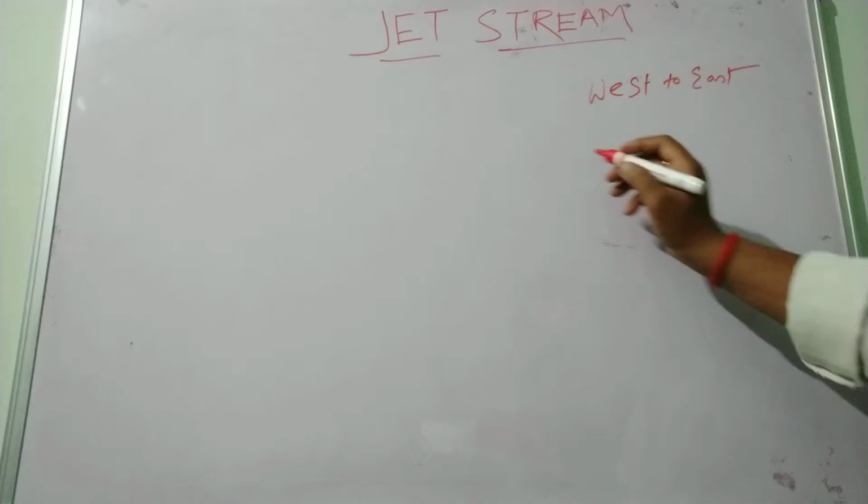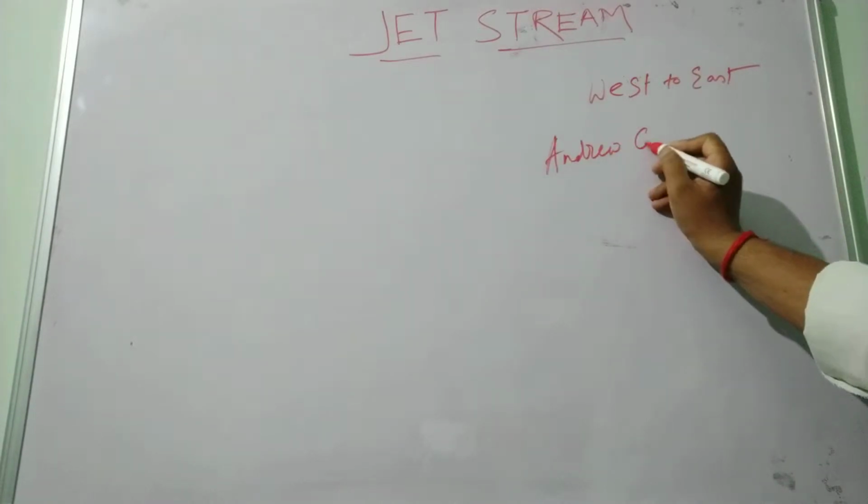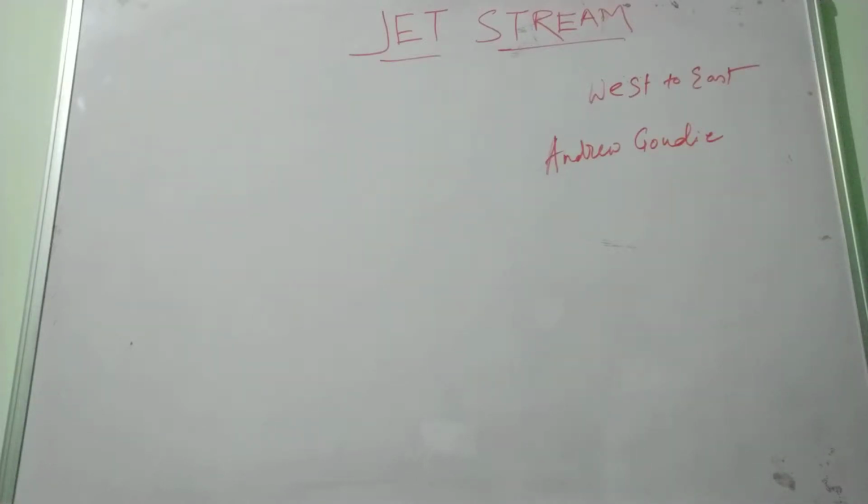According to Andrew Godey, the jet stream is a band of fast moving air, usually found in the middle latitude and the upper troposphere.